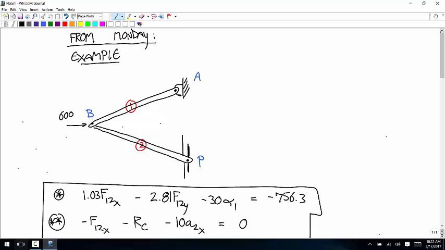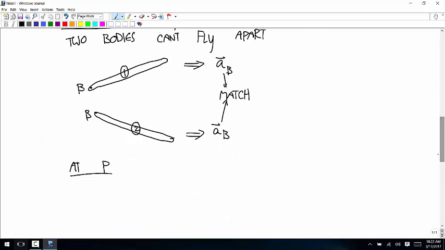And then at the pin and slot at P, what do we know about that acceleration? So yes, that pin can accelerate like this, but it can't accelerate perpendicular to the slot. It can rotate.